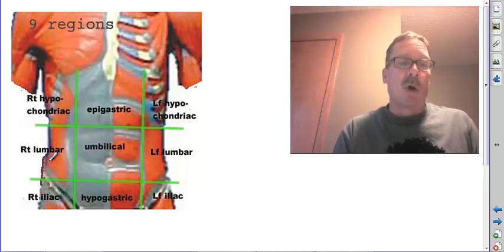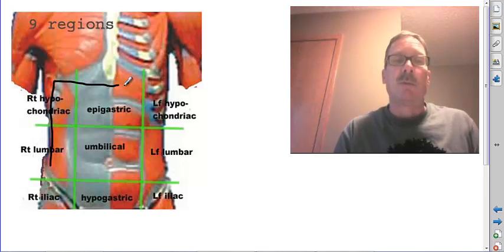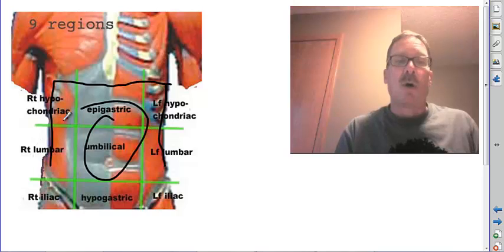Okay. All throughout here on this side would be your ascending large intestine, colon. Here would be your transverse. Here would be your descending. There is all sorts of small intestine all throughout this area. The stomach in the epigastric region heading towards the left hypochondriac region.